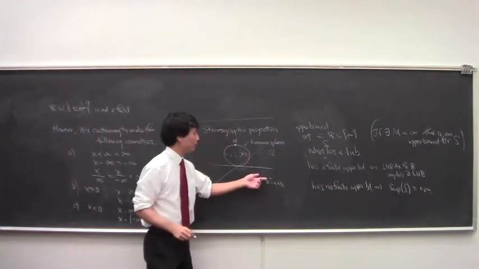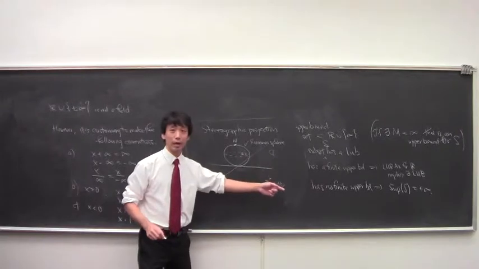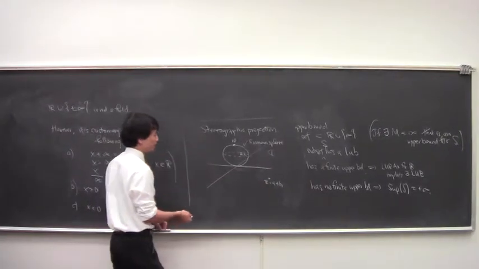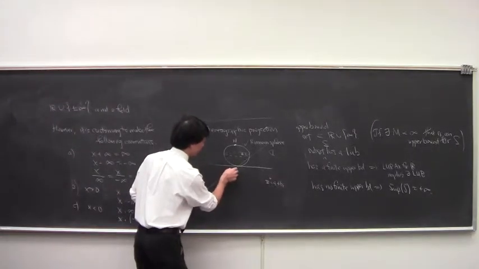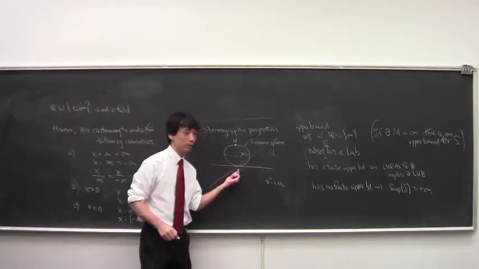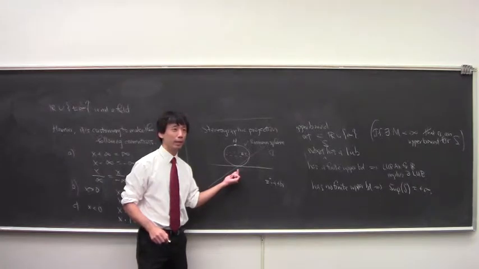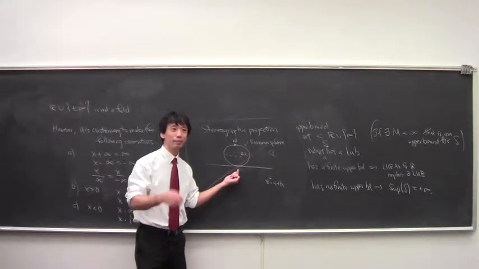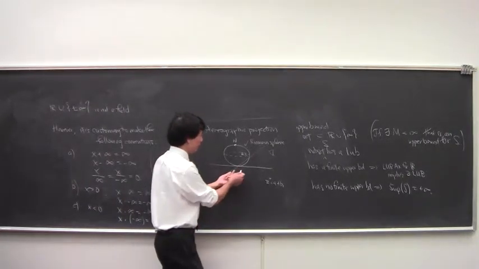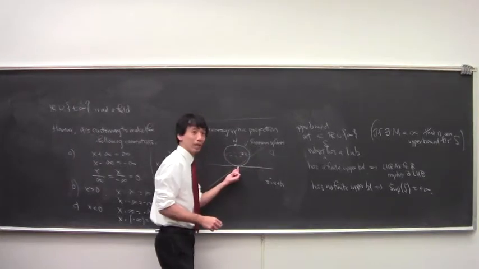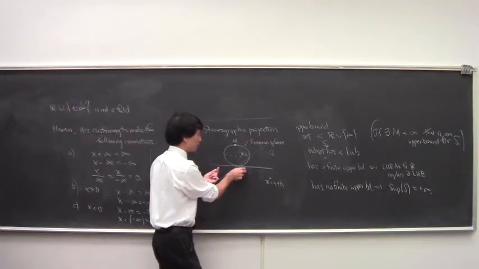So what happens when I go farther and farther out? If I take guys who are close to the origin, where do they lie on the sphere? Sort of in the middle. Suppose I get to guys that are closer and closer to the origin.